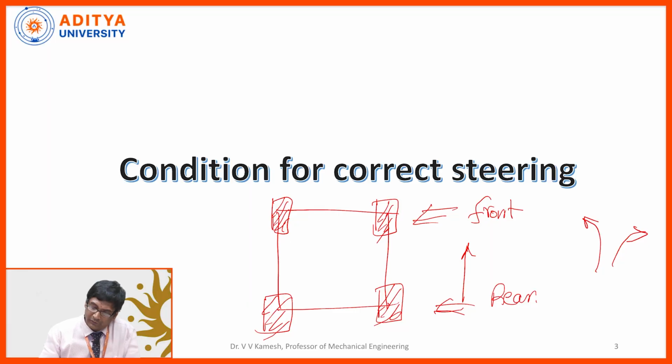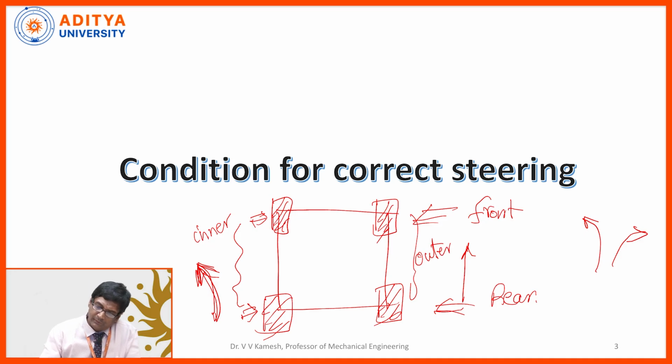If I am rotating to the left side, then the wheels that are very close to this arrow, this one and this one, these two are inner wheels, and these two are outer wheels.